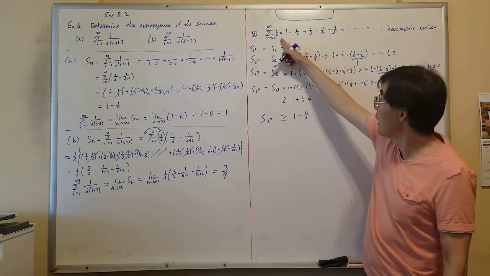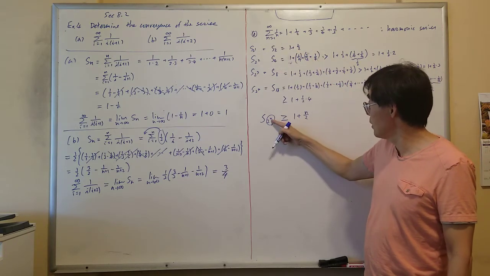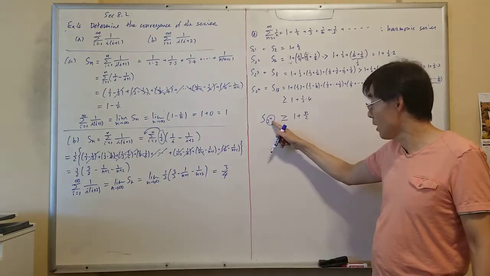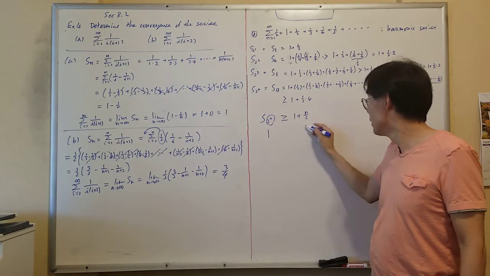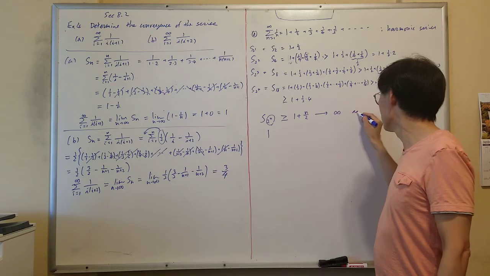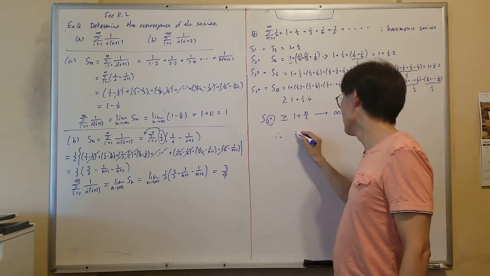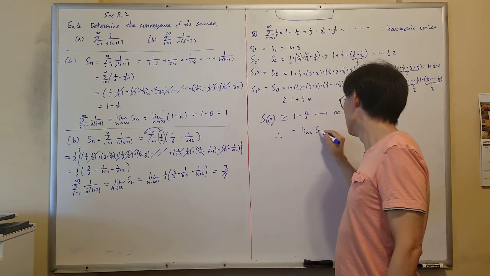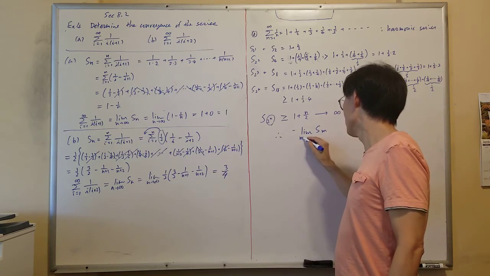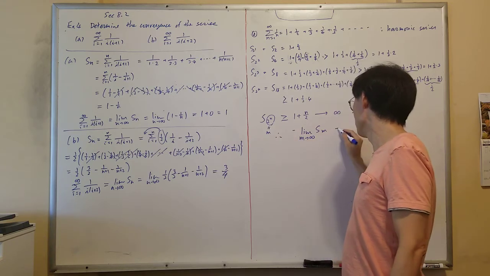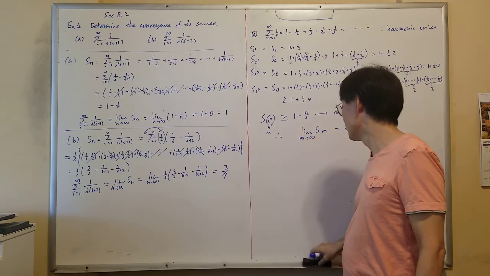Well, n goes to infinity means this n goes to infinity. If you want to cover the whole terms, anyway, this goes to infinity as n goes to infinity. That's why we can say that. If you don't want n, let's say m, m goes to infinity.